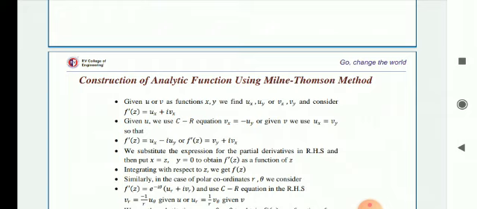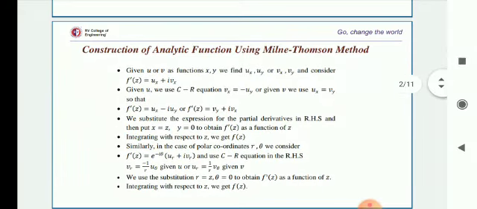Once you find the derivatives, you can make use of the Cauchy-Riemann equations. That is, del u by del x equals del v by del y, and del u by del y equals minus del v by del x, in f dash of z, so that everything will become known. That is ux plus i times vx, where we can replace vx by minus uy.